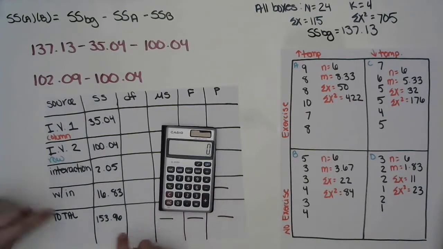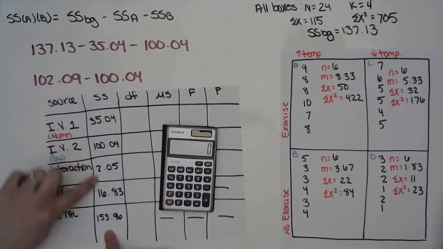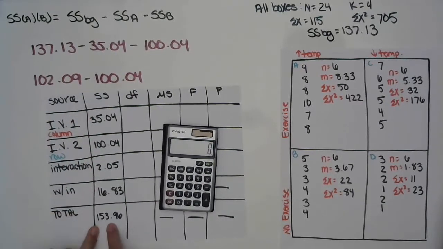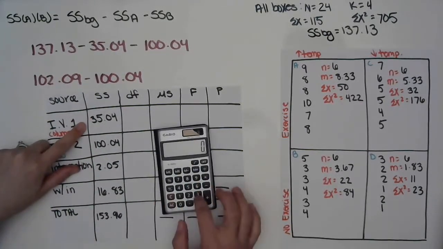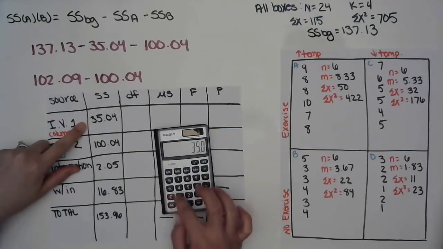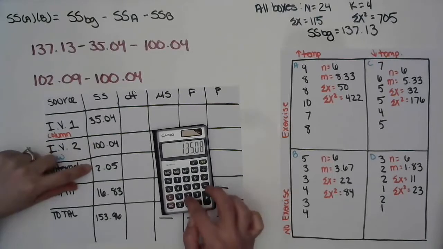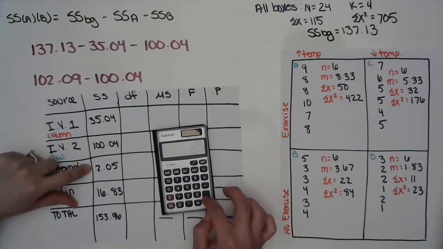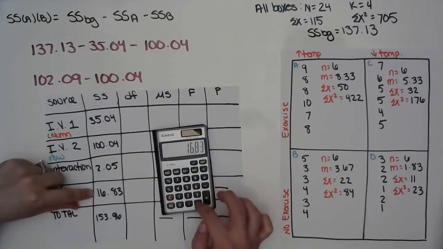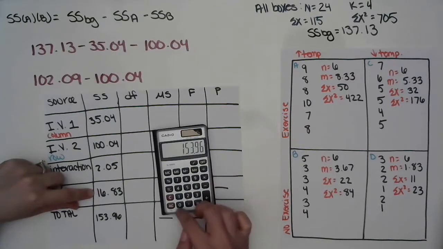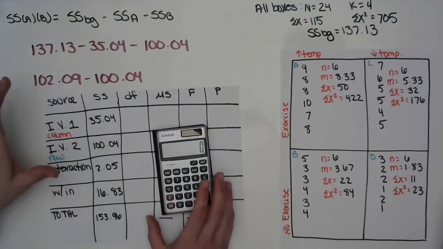Okay, so now that we have that entire column filled, we can go ahead and check our amounts here. So the SST, all of these values should reach this value here. So let's check it out and make sure that they do. 35.04 plus 100.04 plus 2.05 plus 16.83 gives us 153.96. Awesome. Okay, so that all adds up.